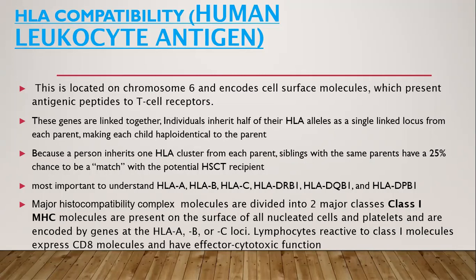Because a person inherits one HLA cluster from each parent, a sibling with the same parents has a 25% chance to be a match with the potential HSCT recipient. So this is to understand more about HLA.